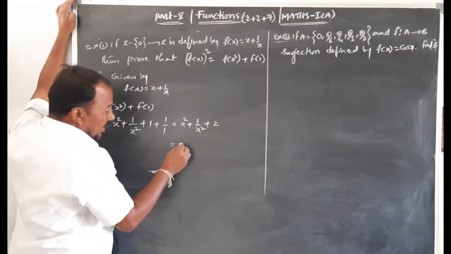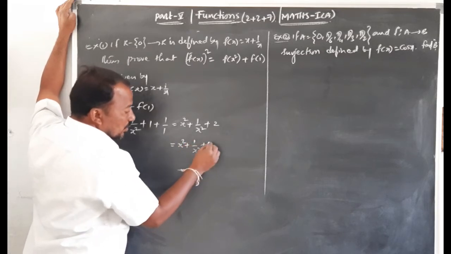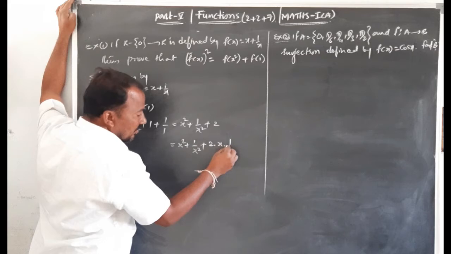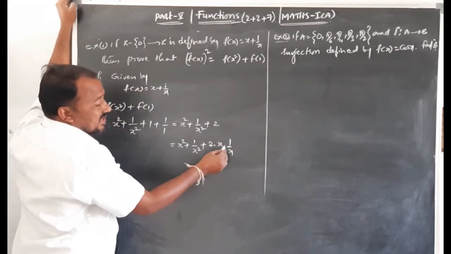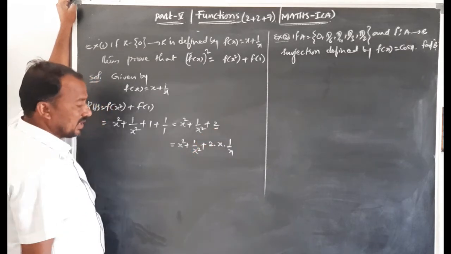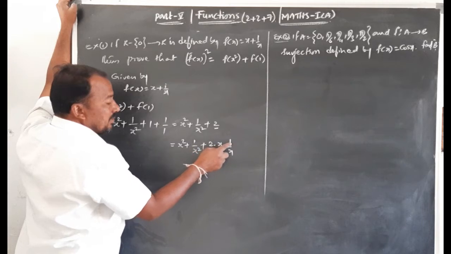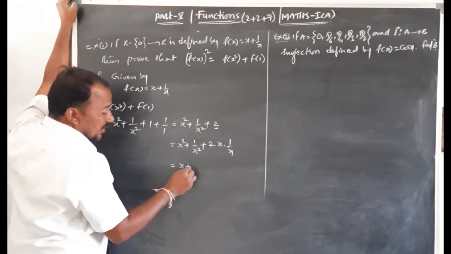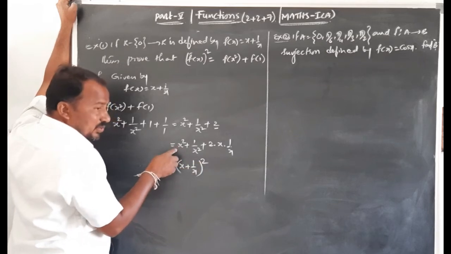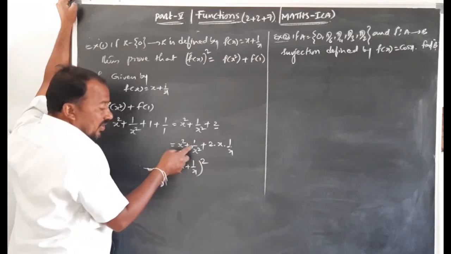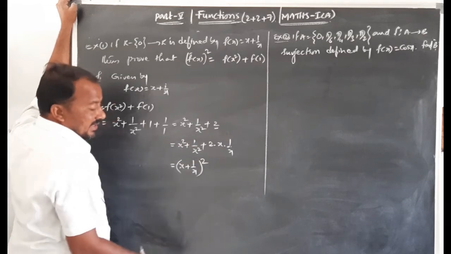So x square plus 1 by x square plus 2 into x into 1 by x. Write it as 2 into x into 1 by x. x gets cancelled, 2. Okay. a square plus b square plus 2ab is (a plus b) whole square. a square is x square, b square is 1 by x square, plus 2ab is 2 times x into 1 by x.